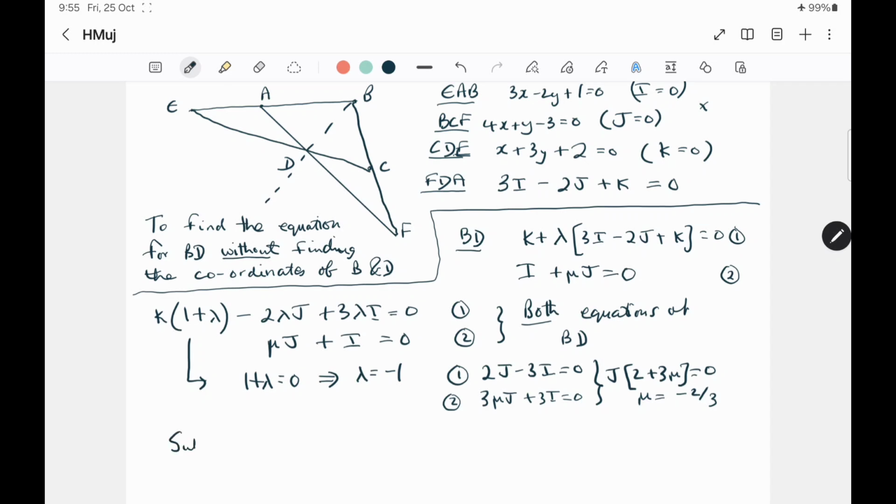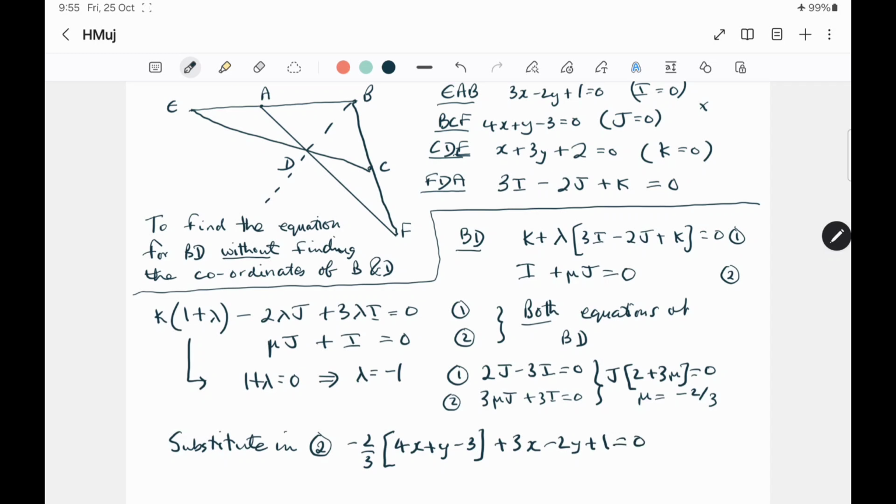So substitute in 2, and we get minus 2/3. And this time we'll write out the equation in full. That's 4x, sorry about that, 4 plus 3x minus 2y plus 1 is 0.